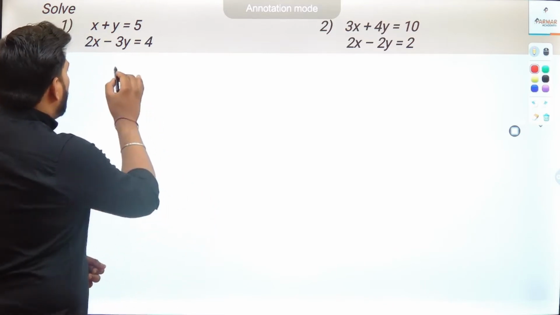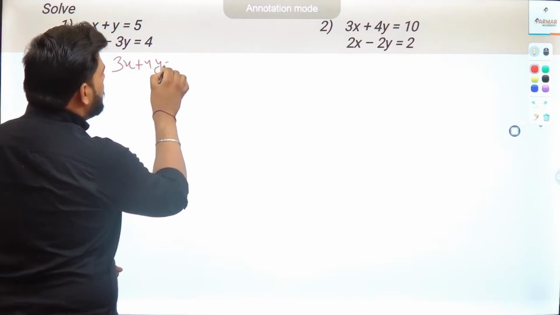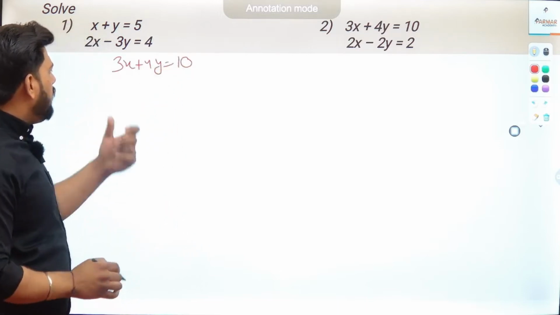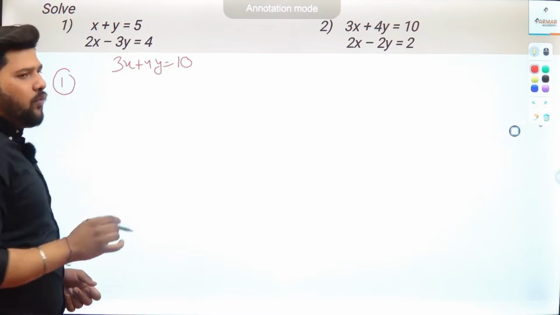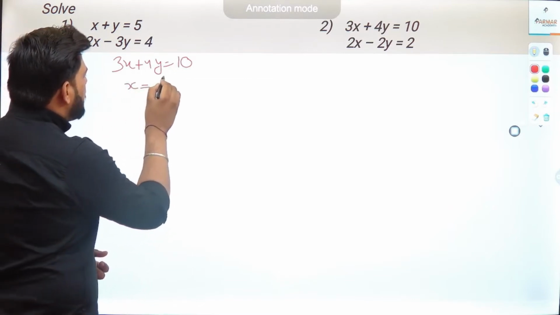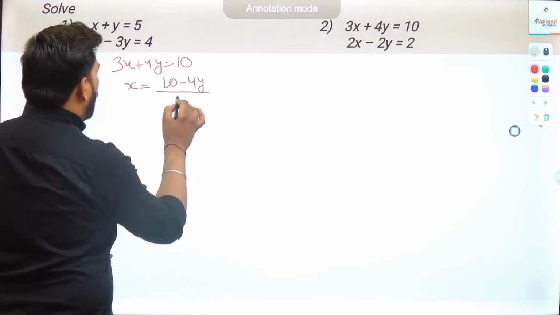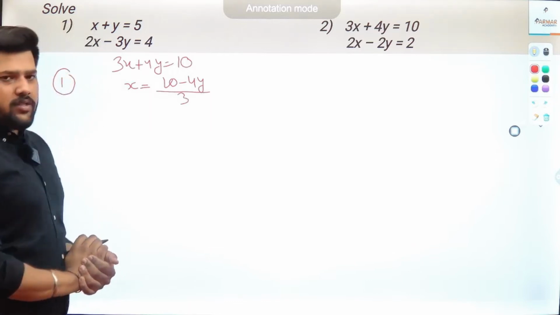Again, this is the first equation, 3x plus 4y is equal to 10. From here, we have to find the value of x or y from the first equation. So, the value of x is 10 minus 4y upon 3. This is the value of x from the first equation.